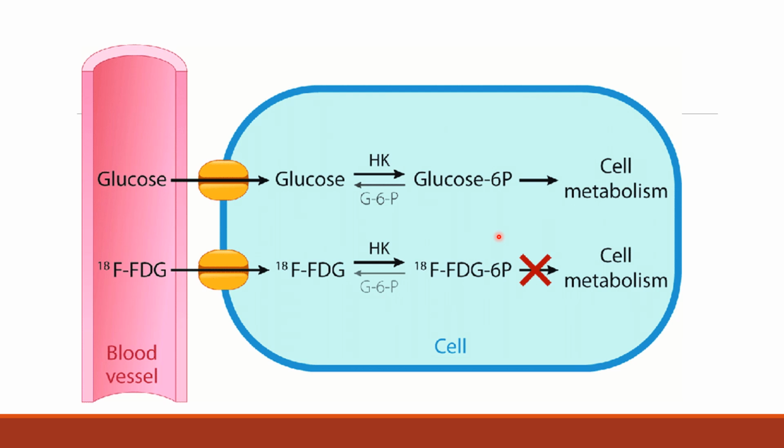The answer is no, it does not affect their blood sugar. And this right here is the reason why. It gets taken up into the cell, it gets converted, but then it gets stopped right here at the cell actually being able to use it. And so it just gets trapped there.